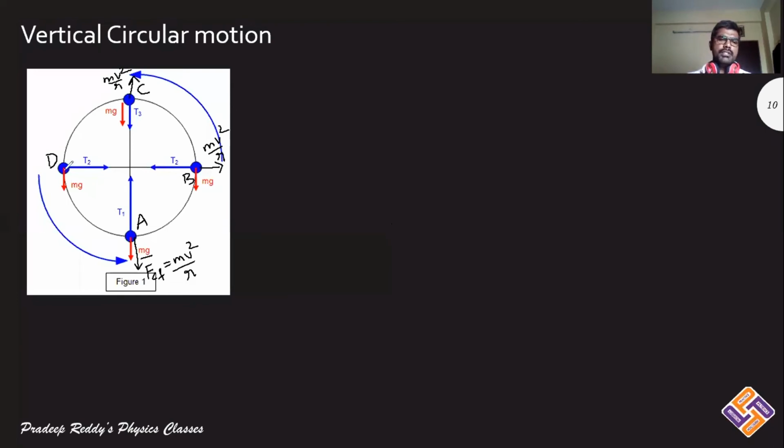Next, at position D, tension is inside and the gravitational force is in the downward direction, mg, and centrifugal force will be outward, which is mv square divided by r. Now let us take different positions. At position A, what happens to the tension? Let us see that.